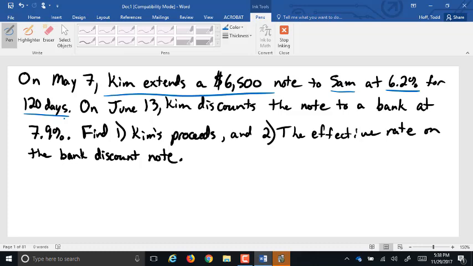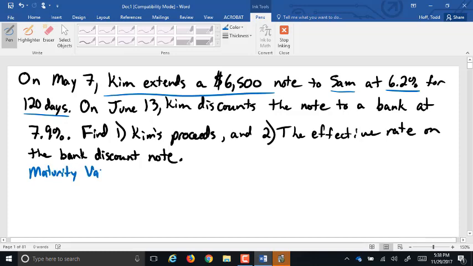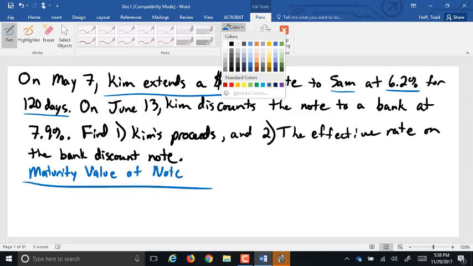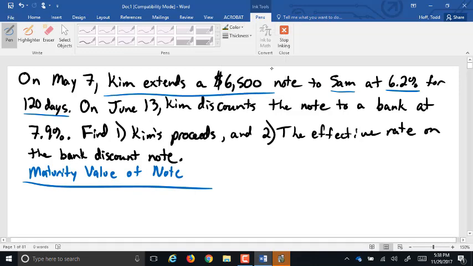So let's work on finding Kim's proceeds. To find Kim's proceeds, the first step is to find the maturity value of the original note. The first step is going to be to find the interest.